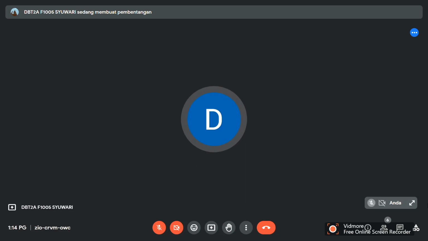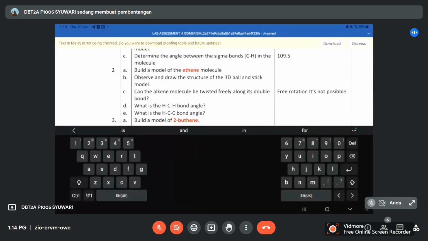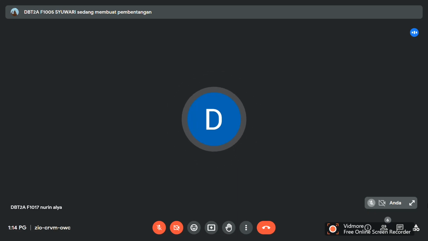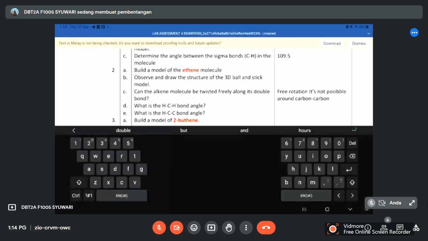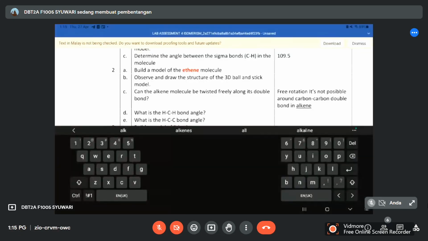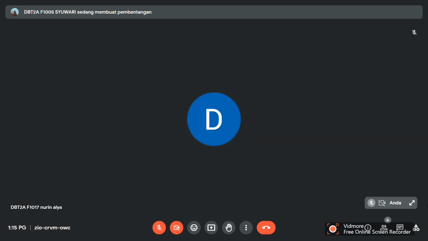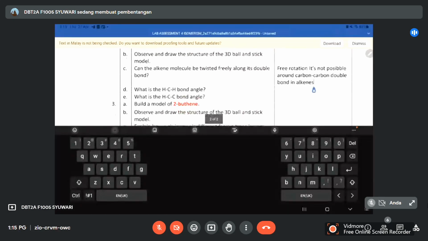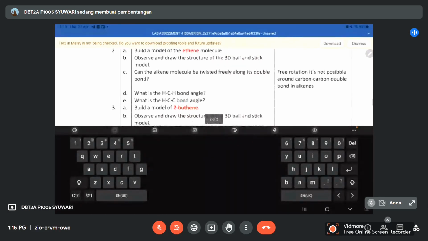Free rotation is not possible around the carbon double bond in alkenes. So basically, ethene is an alkene. Madam also already explained that ethene is an alkene. So ene is the alkene compound.